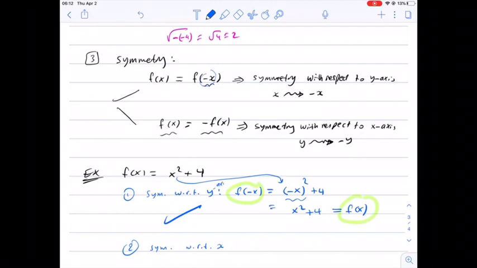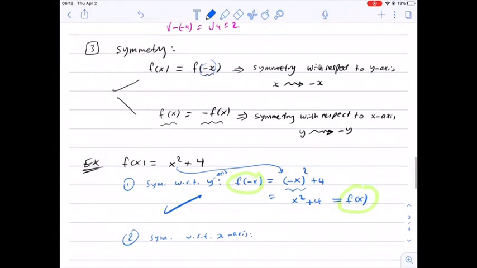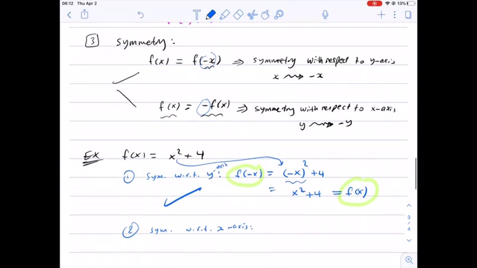Let's see if there's symmetry with respect to the x-axis. In this case, we just multiply the function by a negative sign, and we see if we get the original function, which would mean we have symmetry about the x-axis. So we multiply the original function by a negative sign, we get negative times x squared plus 4, and that's negative x squared minus 4.